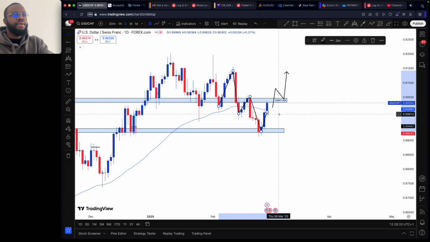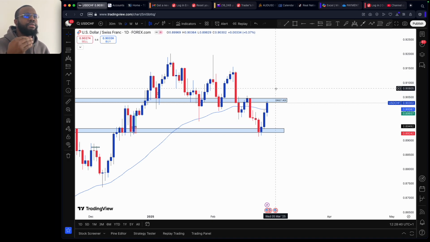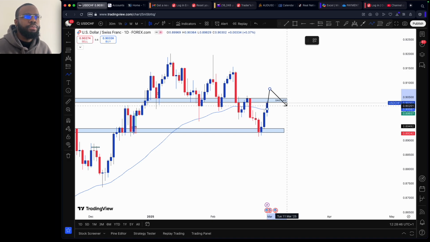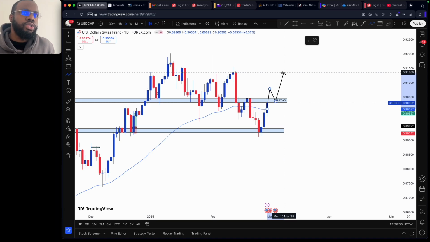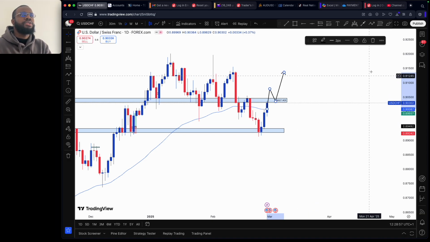So what I want the price to do for more confirmation, in order to buy with the weekly time frame, is to see the daily time frame break and close, pull back for a retest, then we buy to at least 0.91369. So that is what I'm seeing on USD CHF.